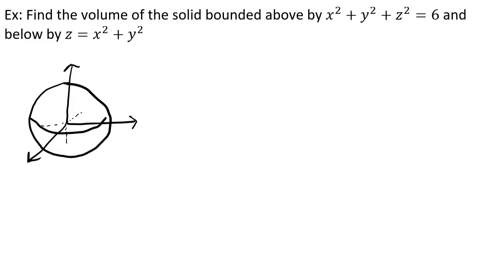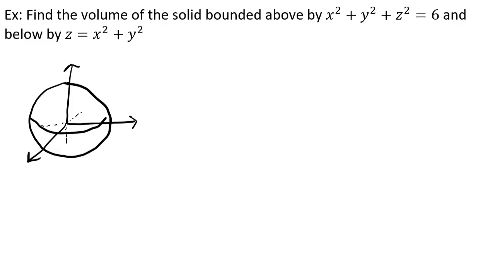Now, taking a look at z equals x squared plus y squared, we could either try and give ourselves a couple traces, or we could just recognize from the types of surfaces we learned in the past that this one is a paraboloid.